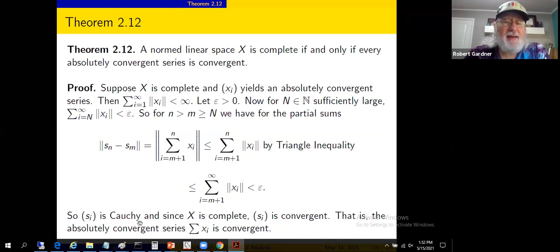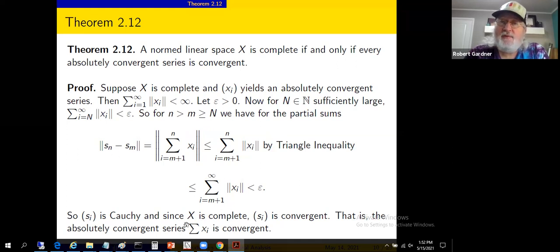That is, the absolutely convergent series, the sum of the x sub i's, is in fact convergent. The S sub i's were partial sums for the original sequence, right? We took sums of the x sub i's, not sums of the norms of the x sub i's. So we've got convergence of the associated series.